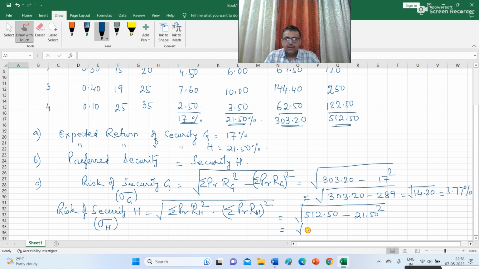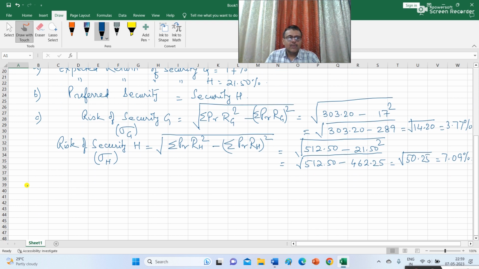So you will get 512.50 minus 462.25, so under root 50.25 is 7.09%. So the standard deviation of security H is 7.09.